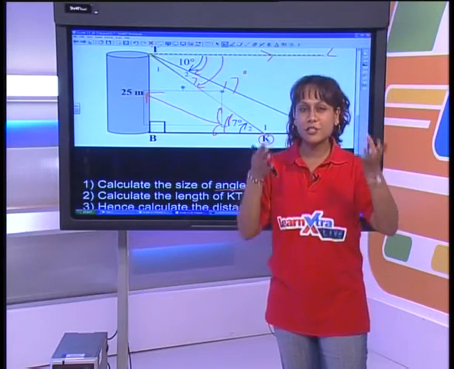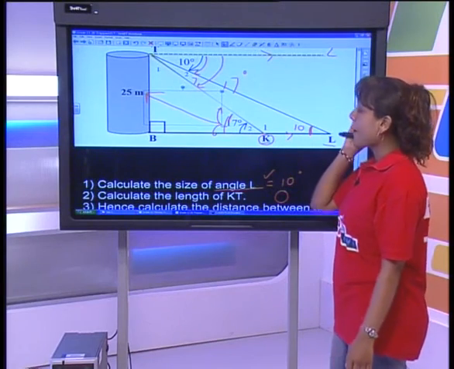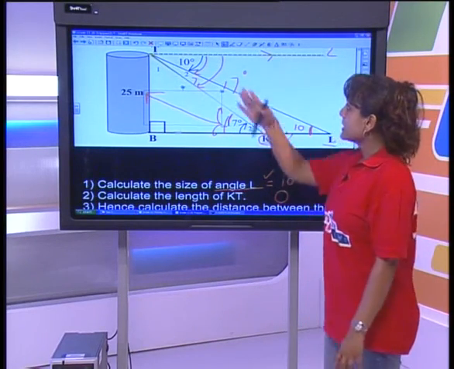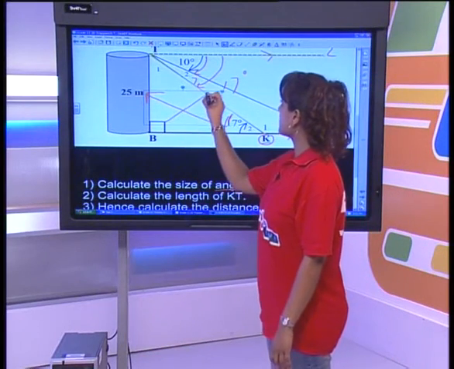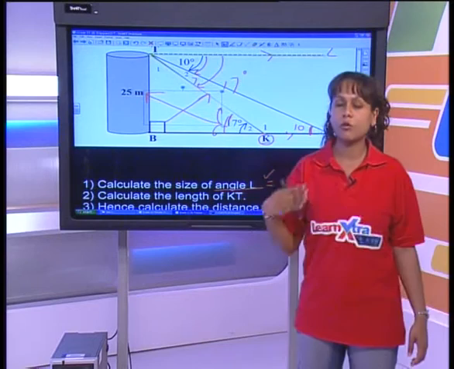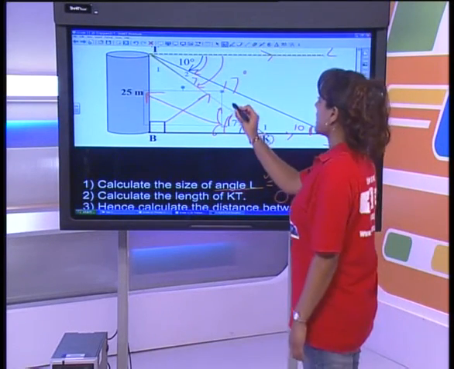Yes, they're both adjacent to angle 17 degrees, or K2, but remember, KT is special because it's the one that's opposite the 90 degree angle. And you know what we call the side opposite the 90 degrees? Remember from grade 10? We call it the hypotenuse.